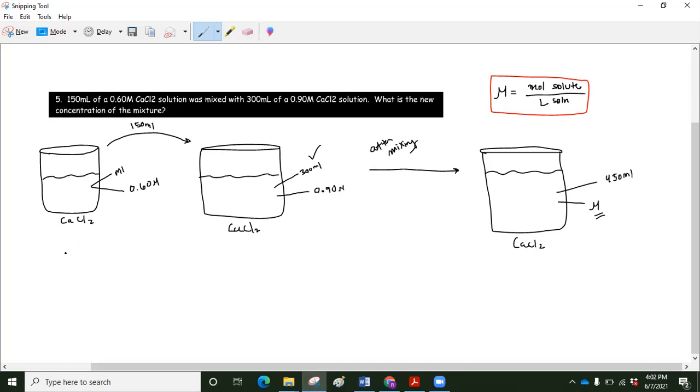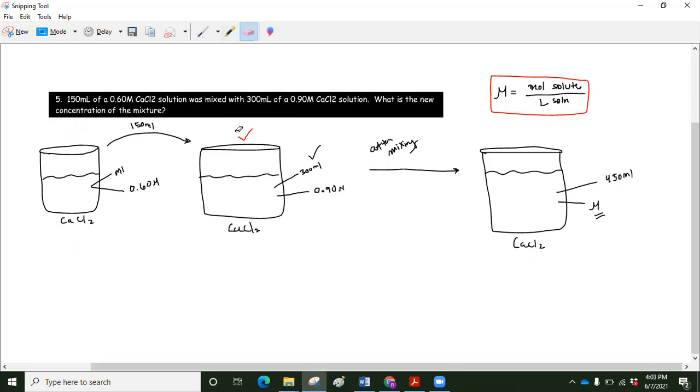So really the intermediate question is then how many moles are there in the original solution? How many moles are there in the solution that 150 milliliters of that was taken from?